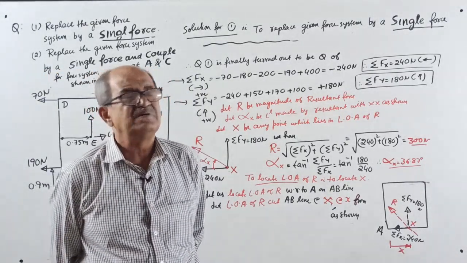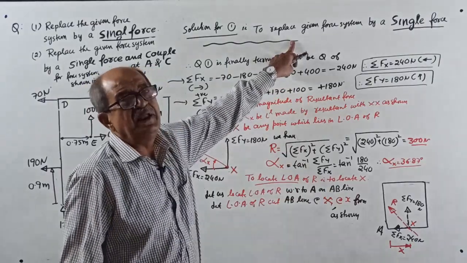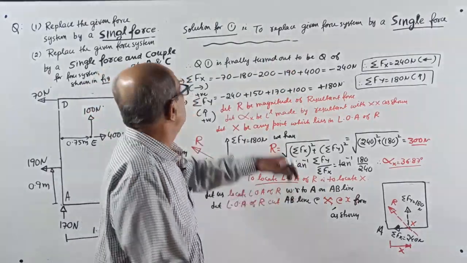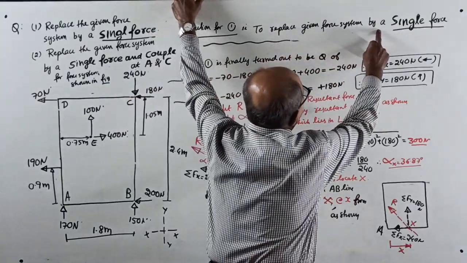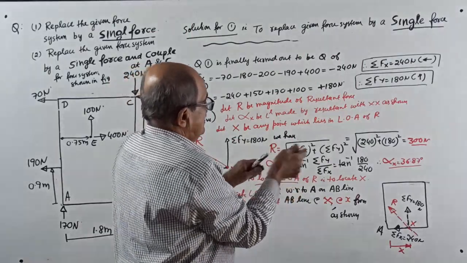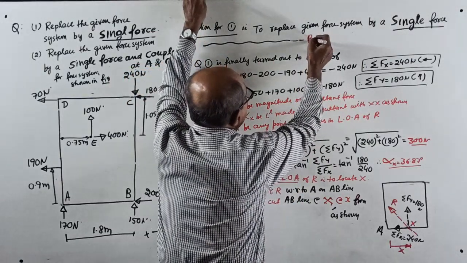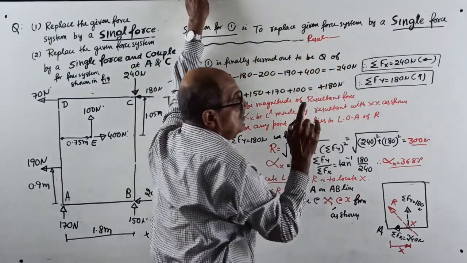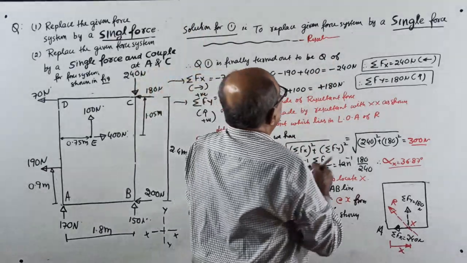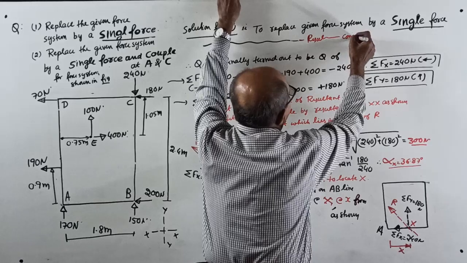Randomly setting the question. So, very sorry for those if anybody told that way. I always tell the truth. Therefore, replace the given force system by a single force means actually finding resultant only. That means you have to find resultant completely.